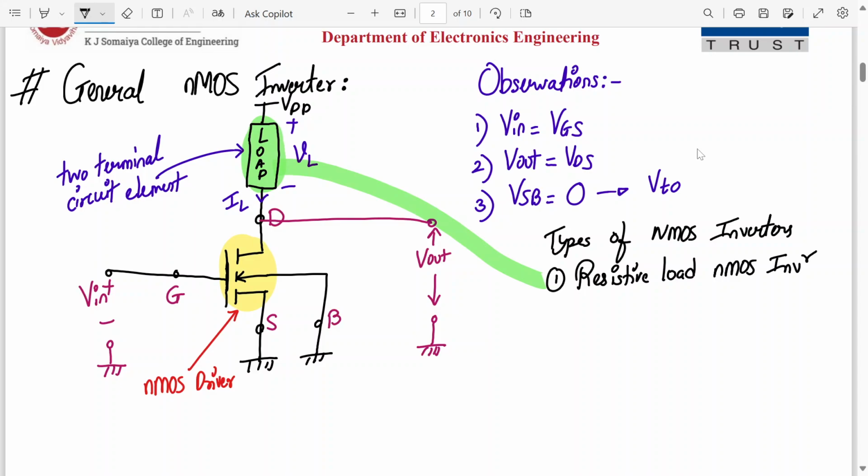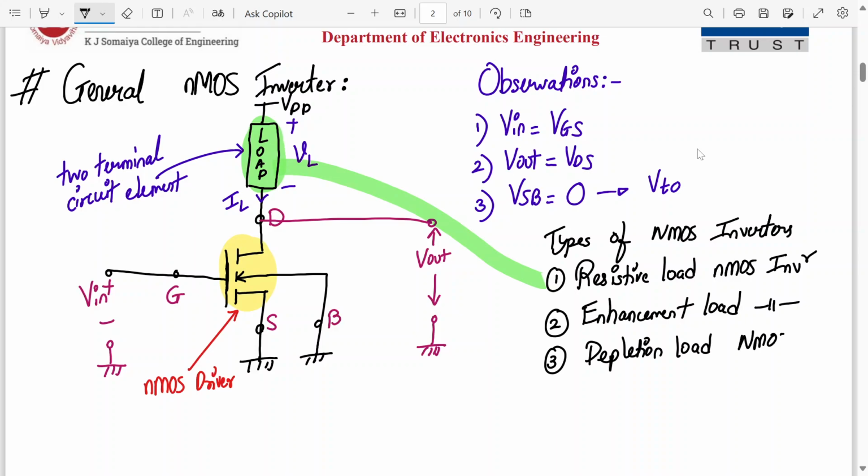Resistive load NMOS inverter. Second is enhancement load. Enhancement load NMOS inverter. Next is depletion load NMOS inverter.